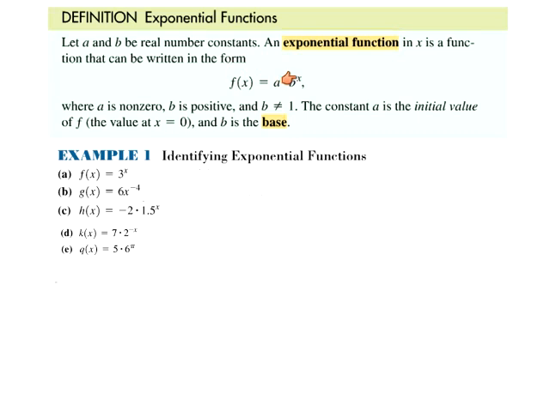Now the biggest thing to note with your exponential function is that you must have a variable in the exponent. So that kind of goes hand in hand with the name, right? Exponential. You're expecting something to happen in the exponent.